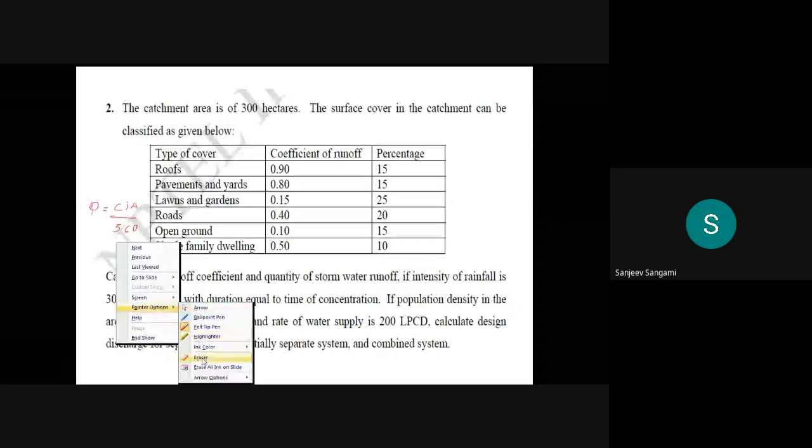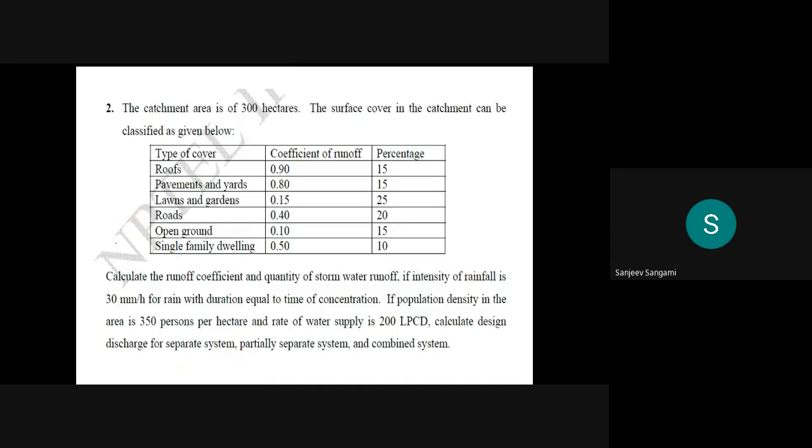But they have changed this 30 to 30 centimeter per minute, and instead of 200 LPCD, he has taken 135 LPCD. Maybe I'll share that with you exactly in the next class.